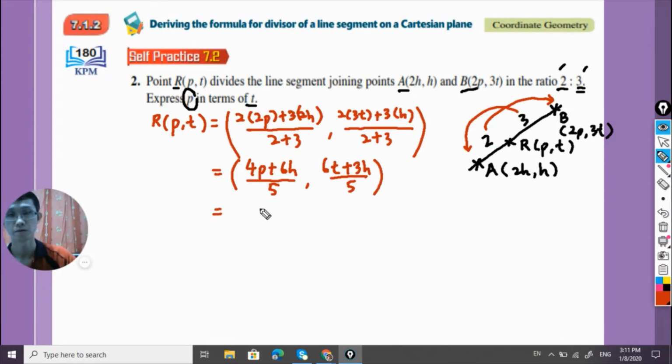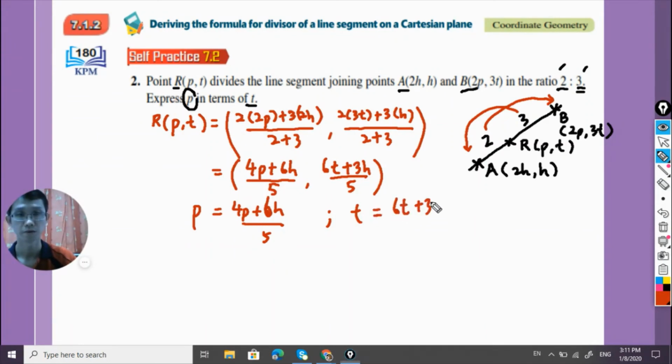If you compare the coordinate x, it should be p equal to 4p plus 6h over 5, while the other side, coordinate t, will be equal to 6t plus 3h over 5.